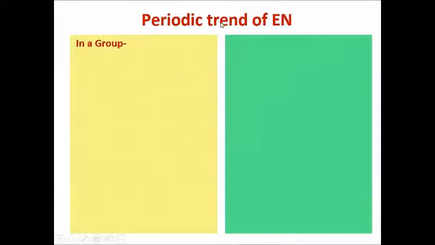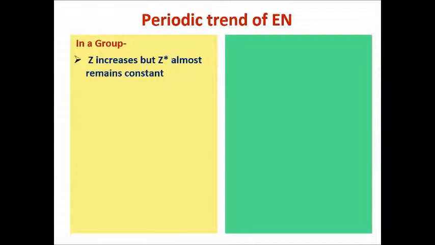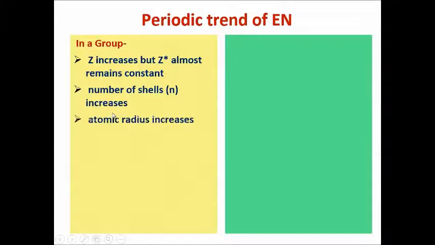Let's see how the periodic trend varies along the period or along the group. In a group, the effective nuclear charge remains constant, but the nuclear charge increases. In the same way, the number of shells increases when you go down the group.